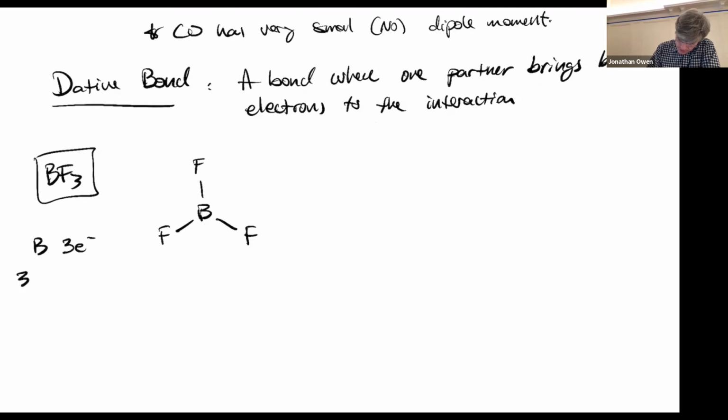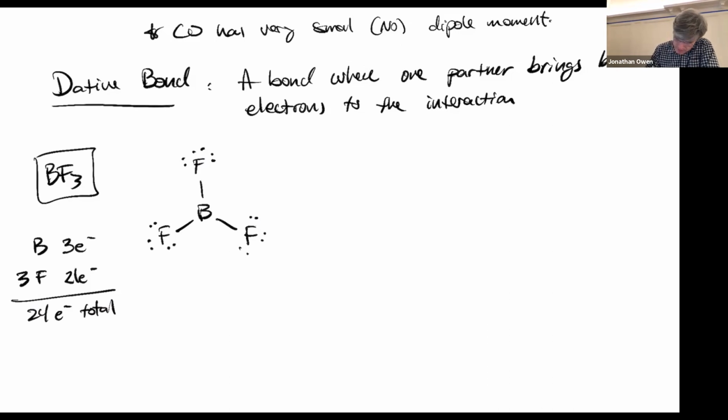You've got 3 fluorines with 7 electrons each, which is 21 electrons. So we have 24 electrons total. Let's fill them in. We're going to take our 3 electrons and make normal covalent bonds to fluorine. We know fluorine is usually just 1 bond and then a bunch of lone pairs to get to an octet.